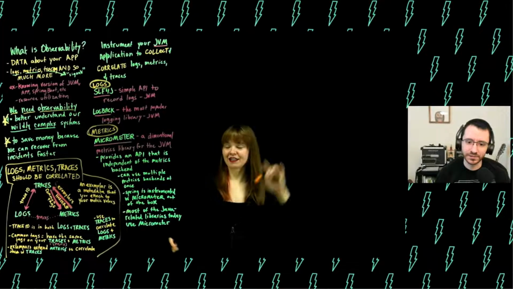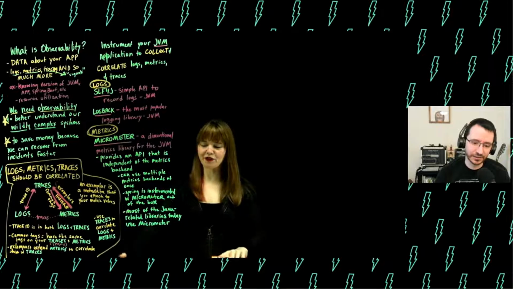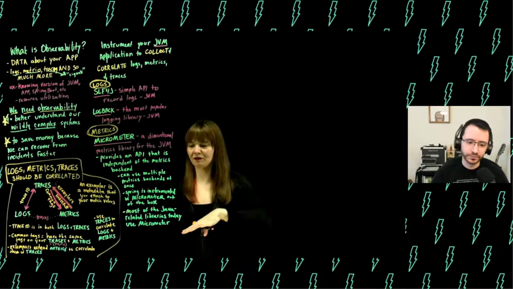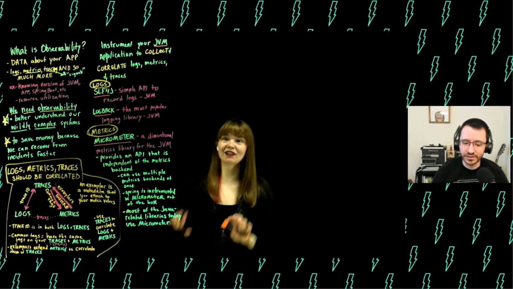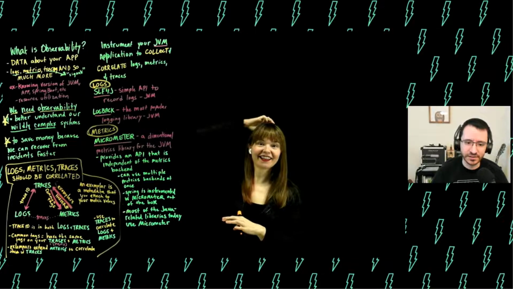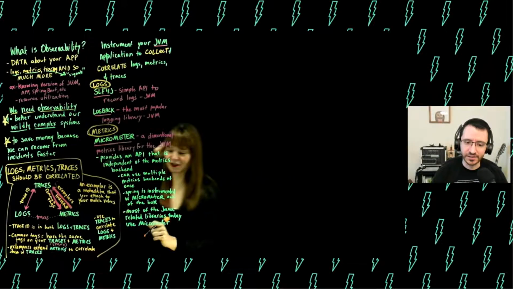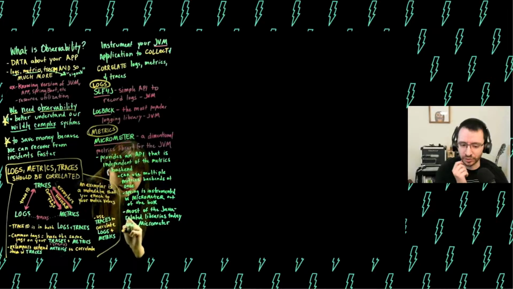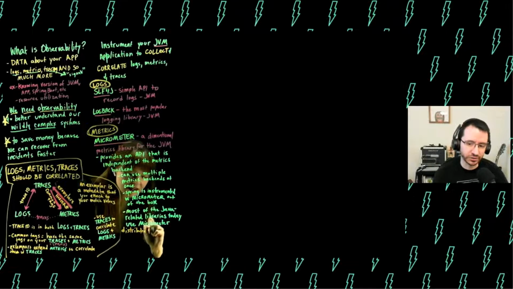Quick question. Is this enough room to write about tracing, or should I start a new column for tracing? I believe that's fine. Because what I would like to record there is basically the name of the project, which is Micrometer Tracing, and basically 2 libraries that you can use with them.